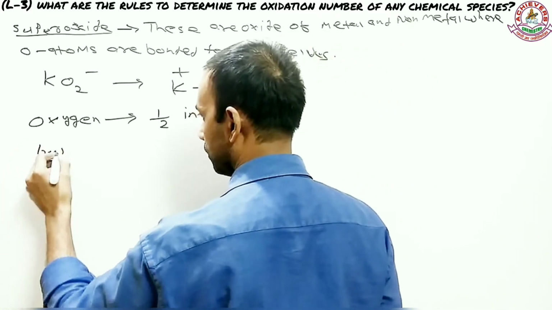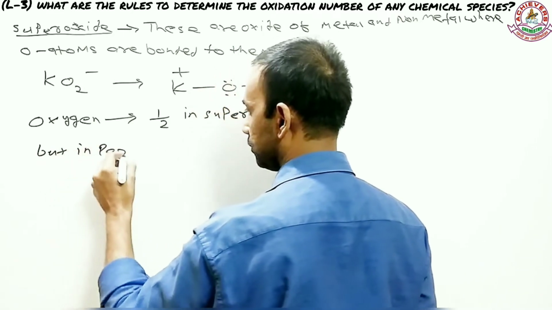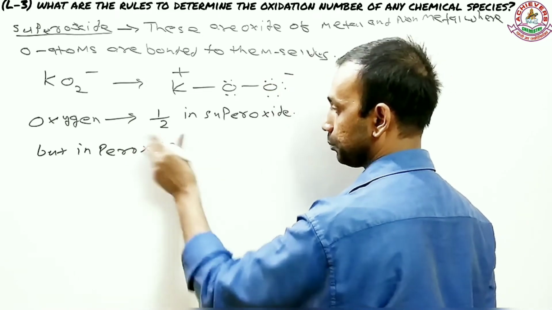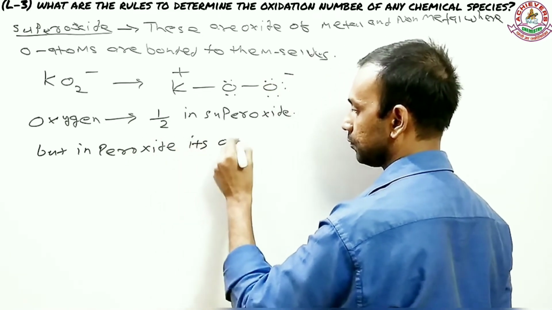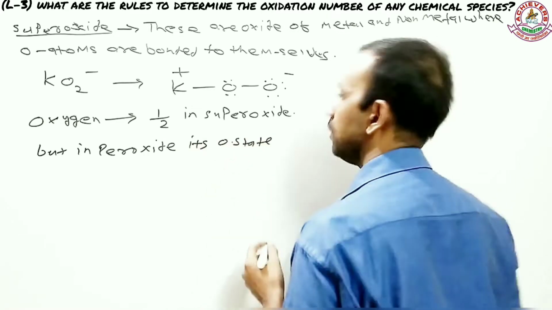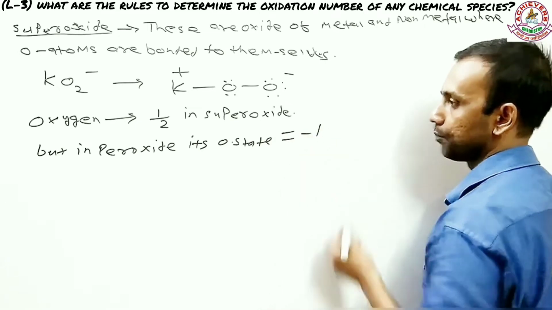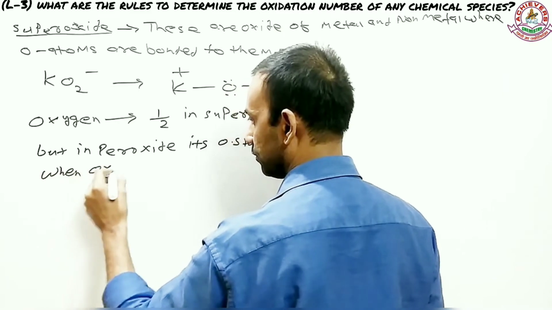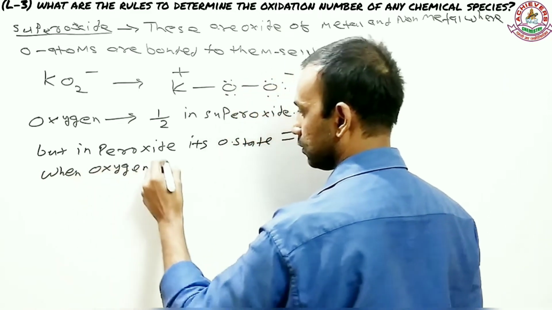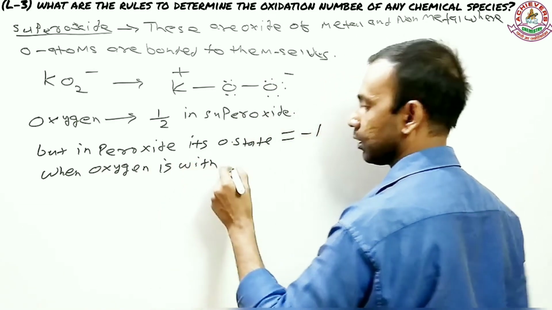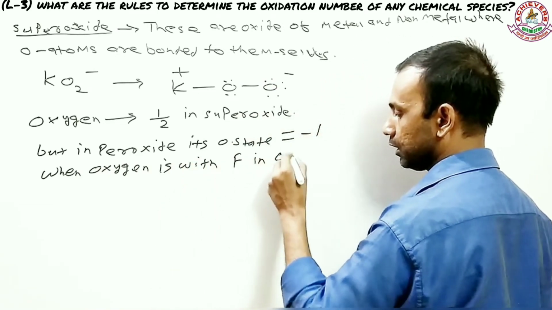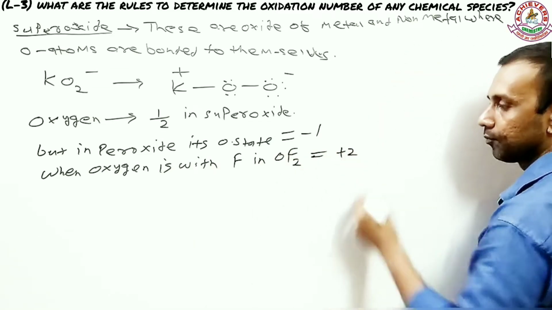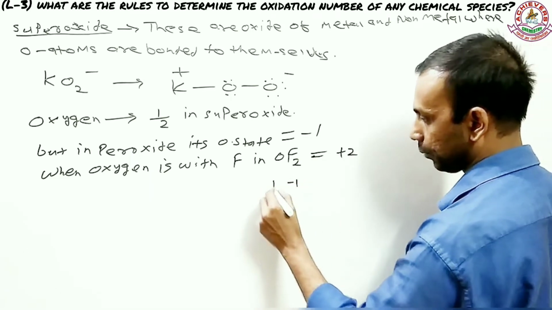But in peroxide, its oxidation state is -1, and when oxygen is with fluorine in OF2, the oxidation number is going to be +2. Why? Because F has a -1, so oxygen will have a +2.